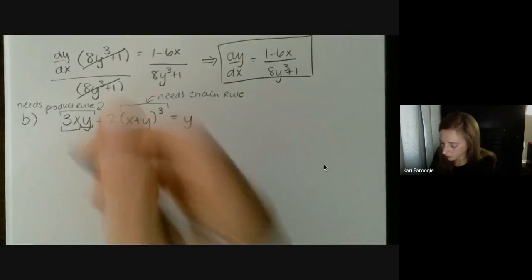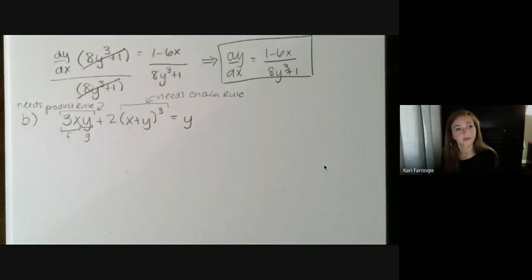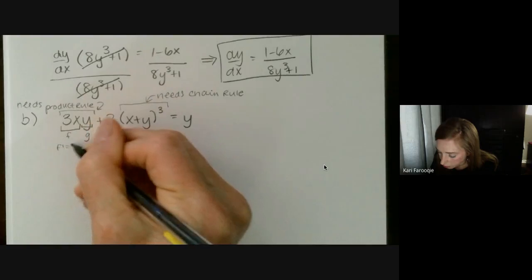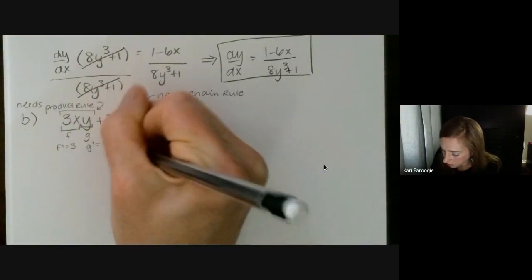So if you want, you can think about 3x as being f and then y as being g. And I'll break this down for you since it's the first time you're seeing it. f prime would be 3, and g prime would be dy dx.